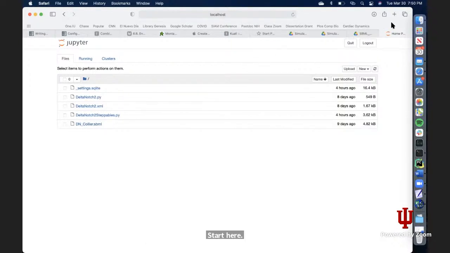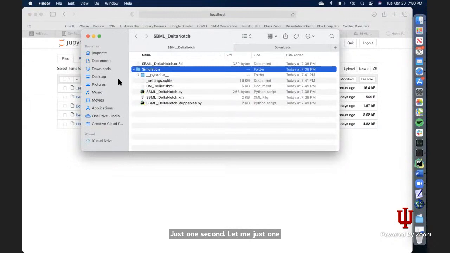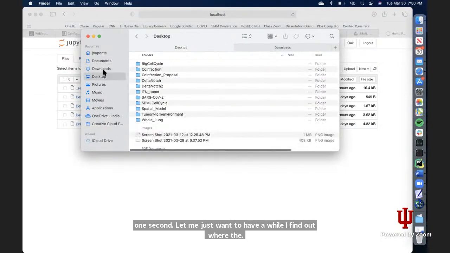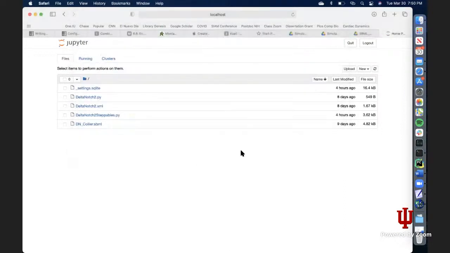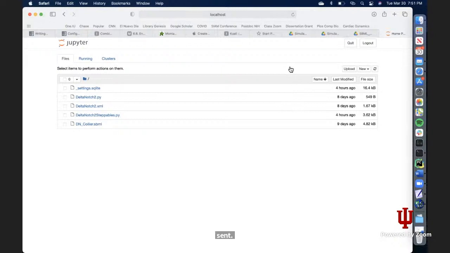Just one second while I find out where the... So one second, because I think in the chat that you sent earlier, James, in the first version that you sent, there was the file that I needed to do this.